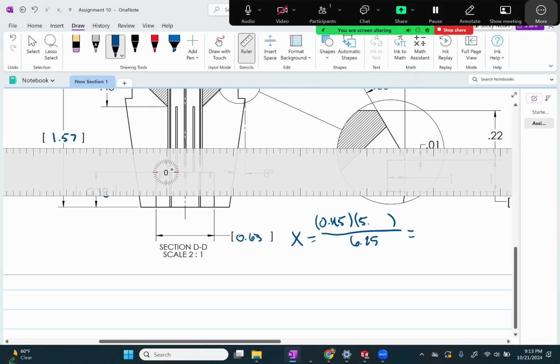Again, let's do some math. 0.45 times 5.25 divided by 6 and a quarter. 0.378, and we could round that to 0.38.